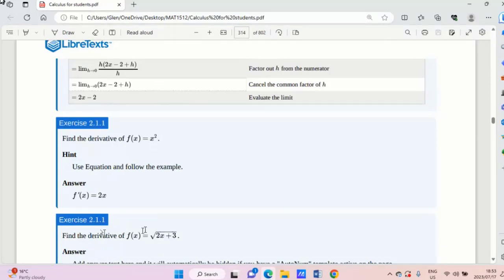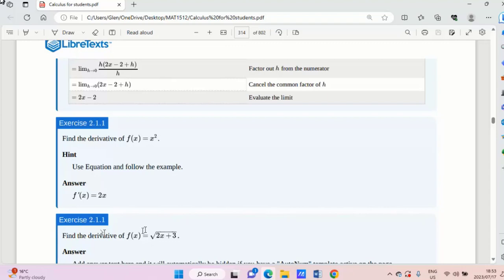The denominator was square root of 2x plus 2h plus 3 plus square root of 2x plus 3. And then h, as it approaches 0, it's 0. It cancelled out the 2h. It became a 0. And I was left with 2 all over square root of 2x plus 3 plus square root of 2x plus 3.